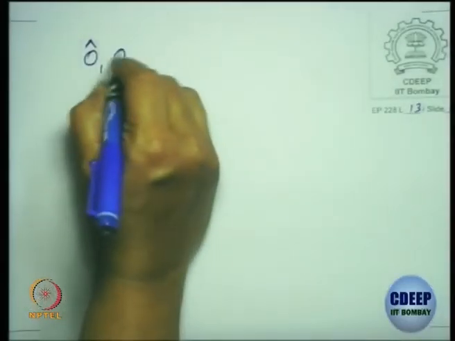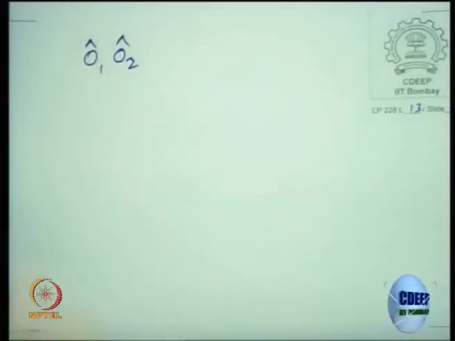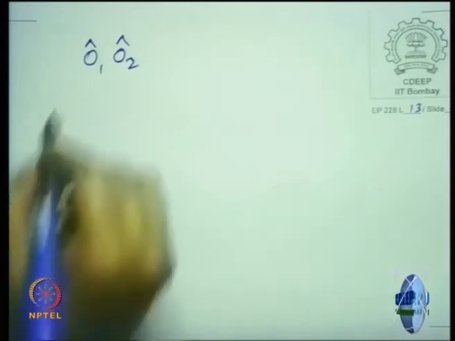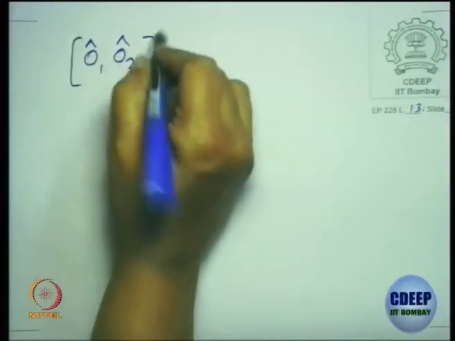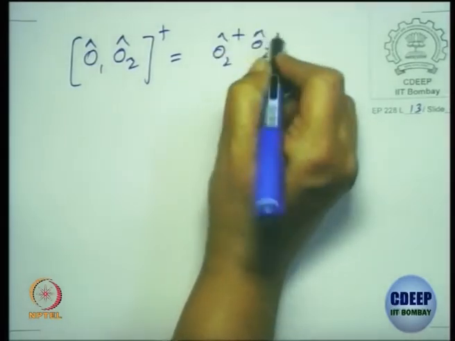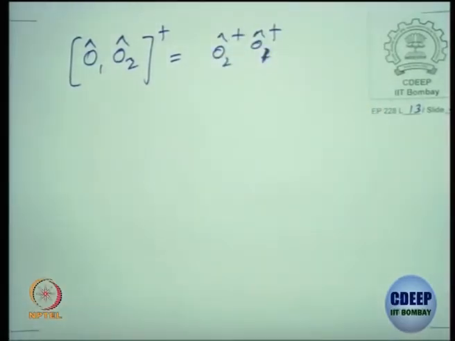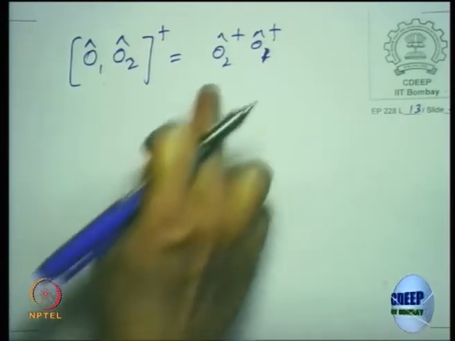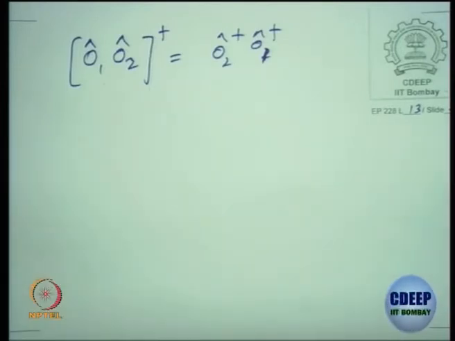If you have a product of two Hermitian operators, then if I try to find the dagger of this, that is O2 dagger O1 dagger. So this product of two Hermitian operators is not Hermitian, because O2 O1 is not the same as O1 O2.